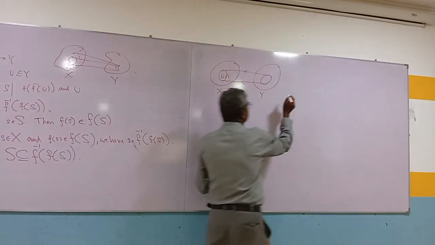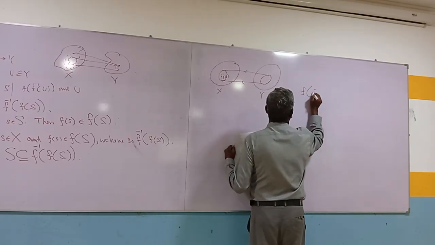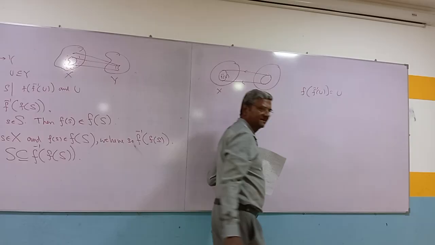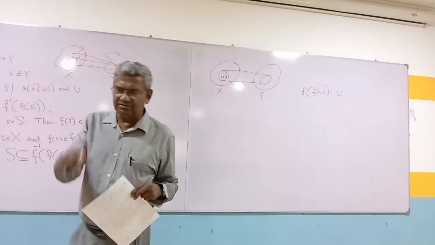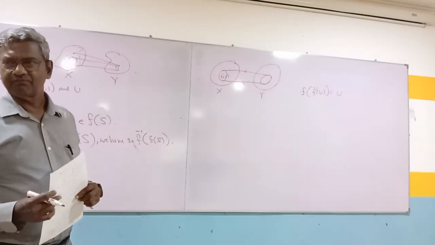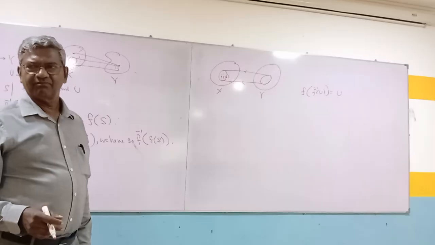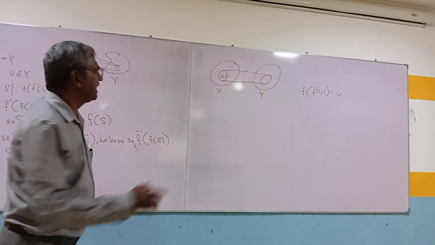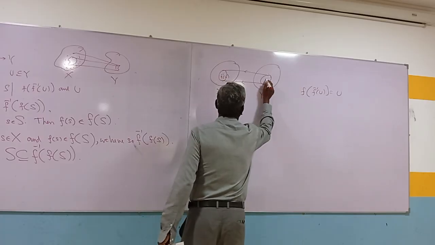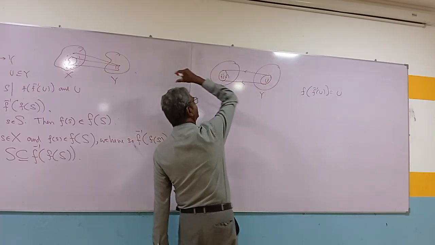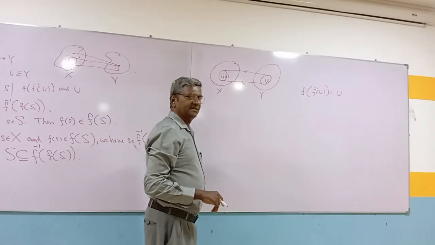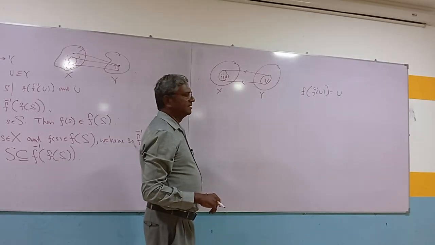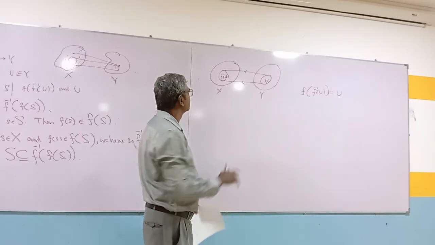You are saying F of F inverse of U is equal to U. No. What do you think? You had U here. You took the inverse image of U, so it comes here.